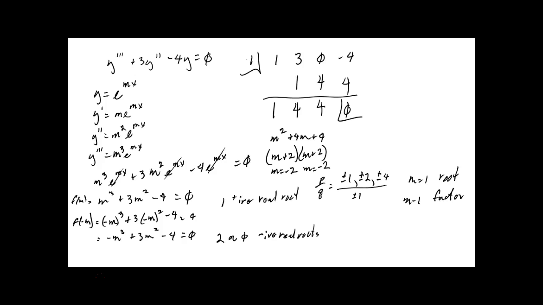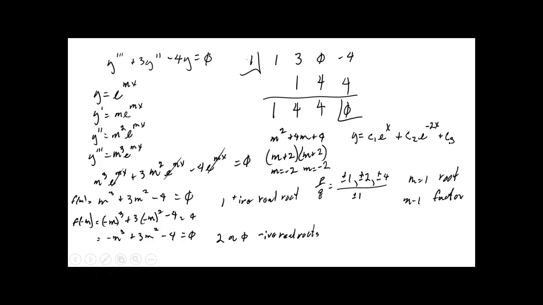All right. So here is your solution. y is equal to, let's do the first one, c1 e to the m equals 1, that would just be x. These are x's, aren't they? I assume they're x's. Now, your second one is with m equals minus 2, plus c2 e to the minus 2x, plus c3, the third one.